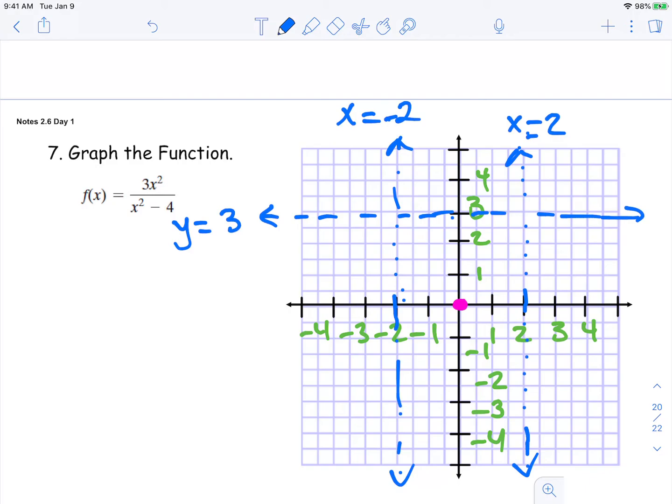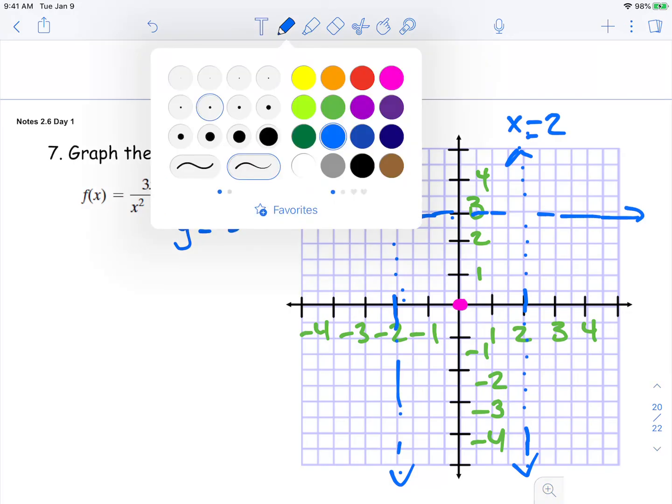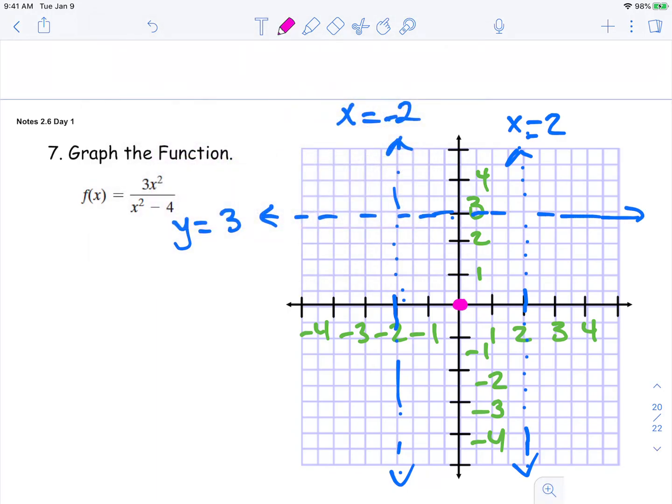So that's going to bring us back up to step 6. We're looking to find some additional ordered pairs around the vertical asymptotes and the x-intercepts. So we're probably going to need to evaluate the function at 1 and negative 1, and then maybe 3 and negative 3.